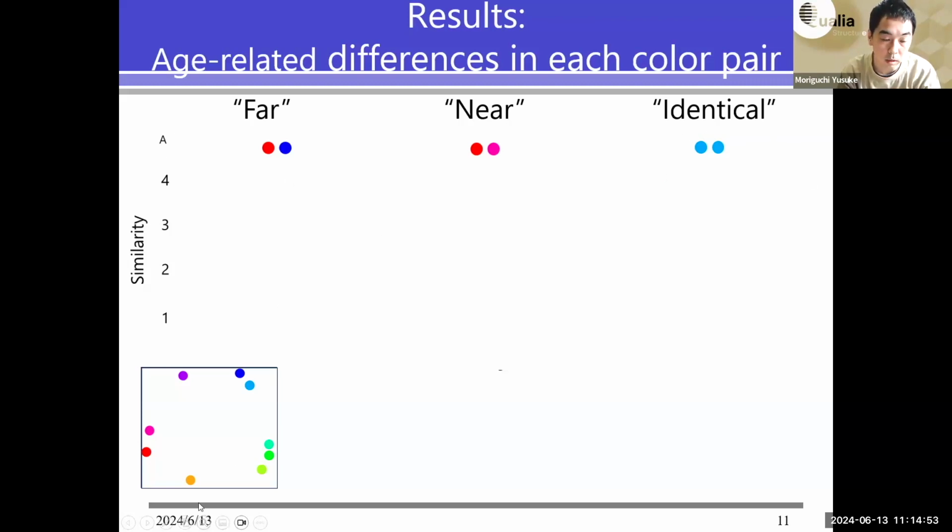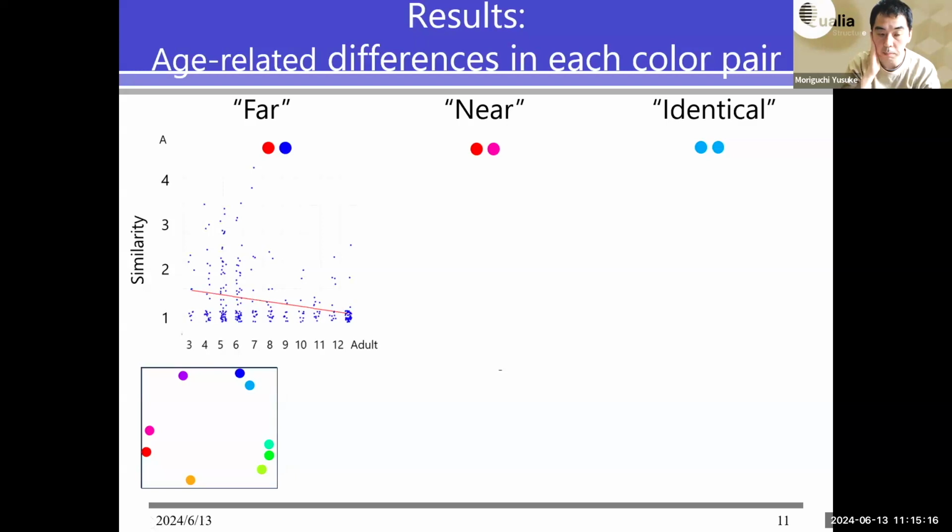The far group represents pairs where the distance in the color space is far, like red and blue is far, right? And the near group is near in the color space, so red and pink, or green and aquamarine, something like that. Identical is identical. And the y-axis represents the similarity rating for each color pair.